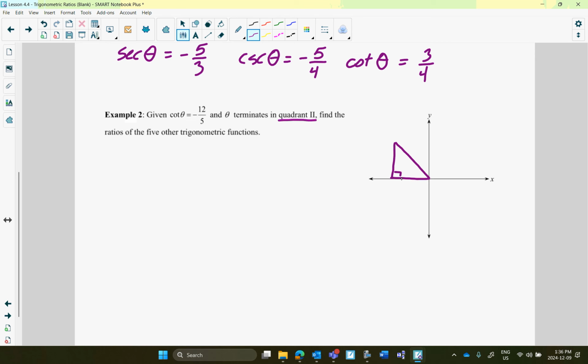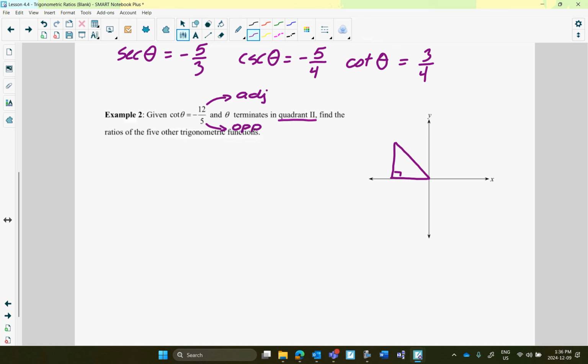So, cotangent is what side over what side? Give me the sides, adjacent, opposite. Adjacent over opposite. So doesn't that mean that this 12 must be the adjacent? And this 5 must be the opposite.